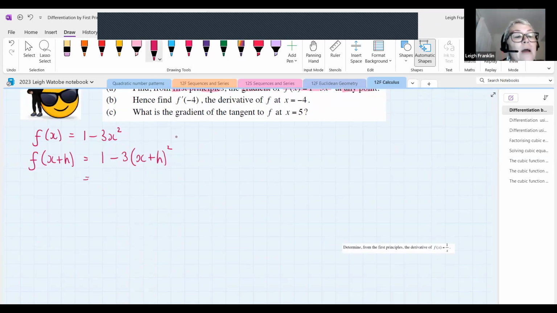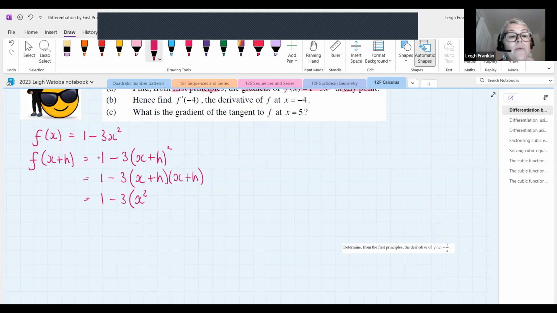All right. So what I'm going to do now is say 1 minus 3, and then I'm going to square my binomial. So I'm going to say x plus h times x plus h. I'm going to leave my 3 on the outside. I'm going to keep my brackets because I still have to multiply through by -3, and I'm going to do FOIL.